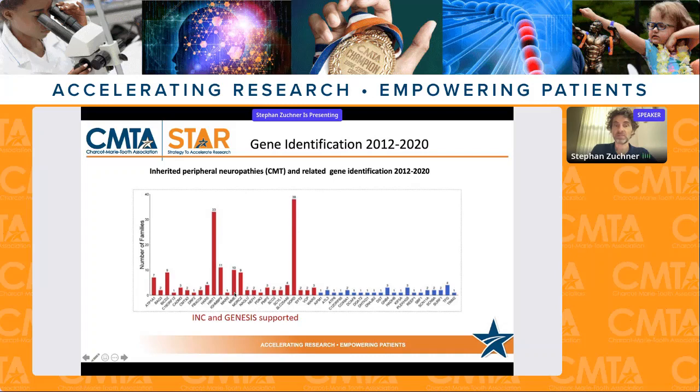There are several new CMT genes per year really at this point, but all the bars that are in red, these are all the genes that were discovered by the INC or with the support of the INC and the Genesis database. So this idea of bringing data together is extremely important.